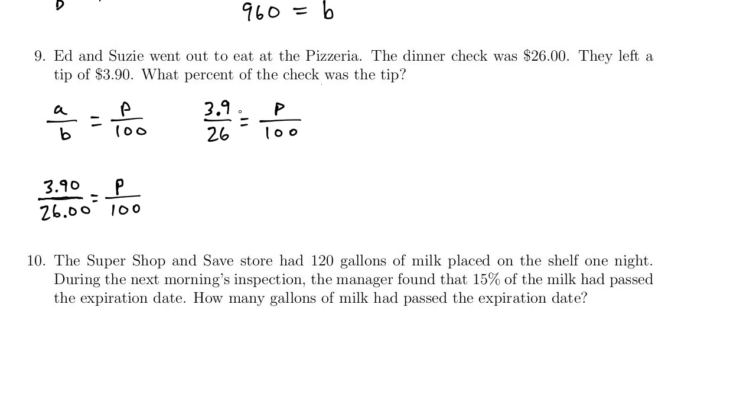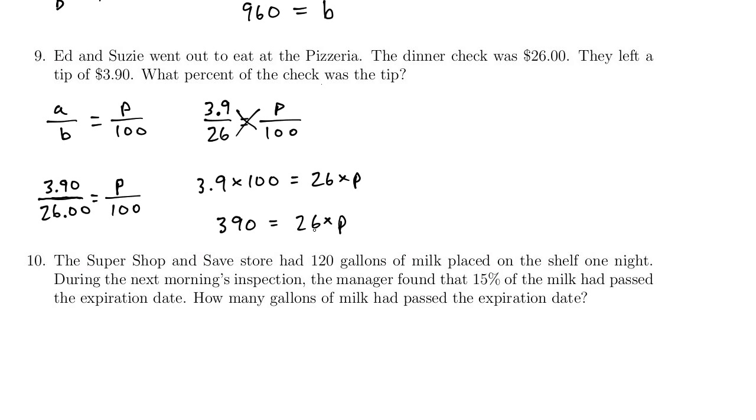Okay, so we're going to cross multiply. 3.9 times 100 on one side, and then 26 times P on the other side. And 3.9 times 100, that's going to be 390 equals 26 times P.